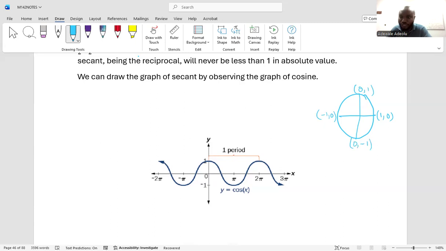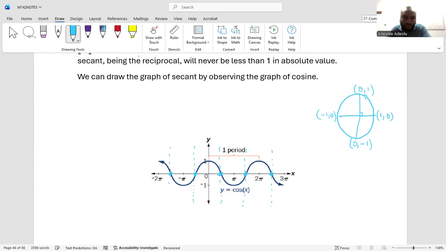At pi over 2, cosine is 0. So let us look for pi over 2 here. Cosine is 0 there, there, here, here, and here. And at those points, secant will have vertical asymptotes.